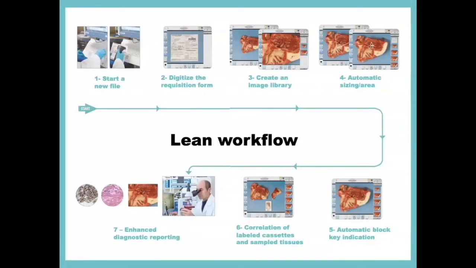MacroPath offers a very lean workflow. Start a new file with a quick barcode case ID entry, digitize the requisition form, quickly create an image library of the sample, perform automatic sizing directly on the calibrated picture, automatic block key indication, and correlation of label cassette and sample tissue.